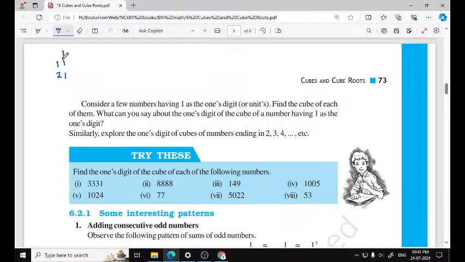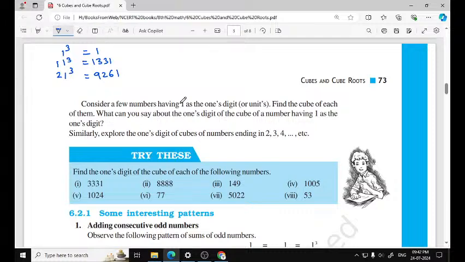Now let us find the cubes of these numbers. 1 cube is 1, 11 cube is 1331 and 21 cube is 9261. So if a number ends with 1, its cube also ends with 1.